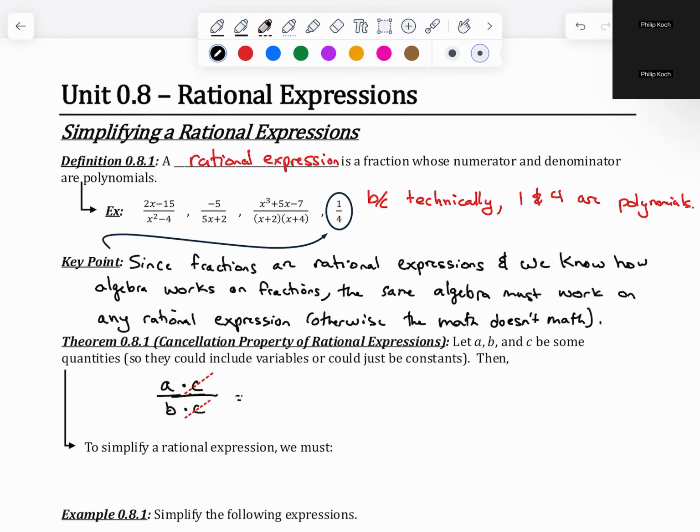And this equals A over B, provided C does not equal 0.